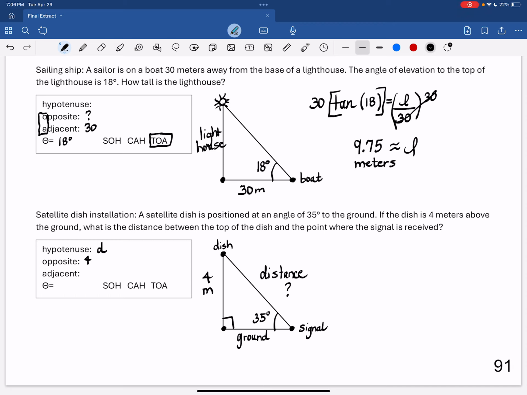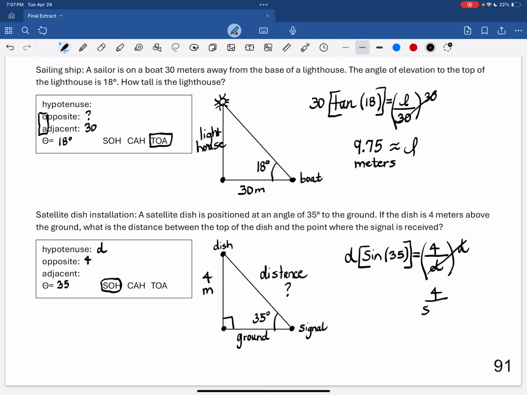The opposite is 4 and theta is 35. So we're looking at sine. Sine of 35 is going to be opposite over hypotenuse. So let's multiply both sides by d, and that will allow me to cancel it here.